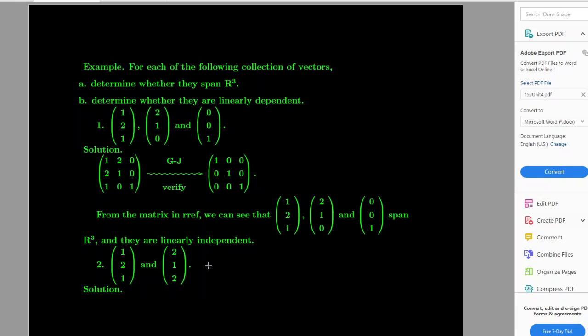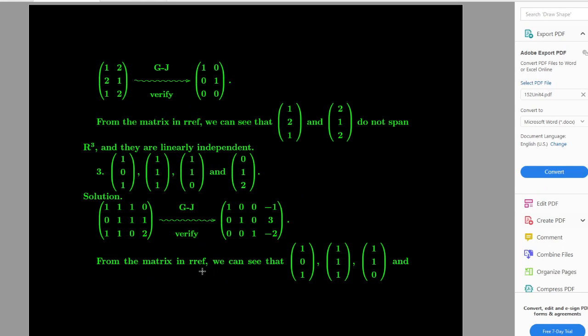Now you look at question 2. In question 2, you are given two vectors. You do the same thing. You put the components of the two vectors in columns, and the final form, the matrix in REF, is that.